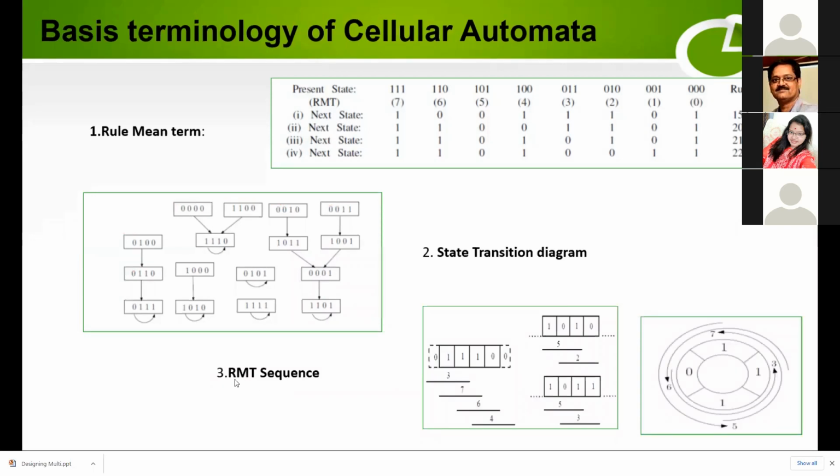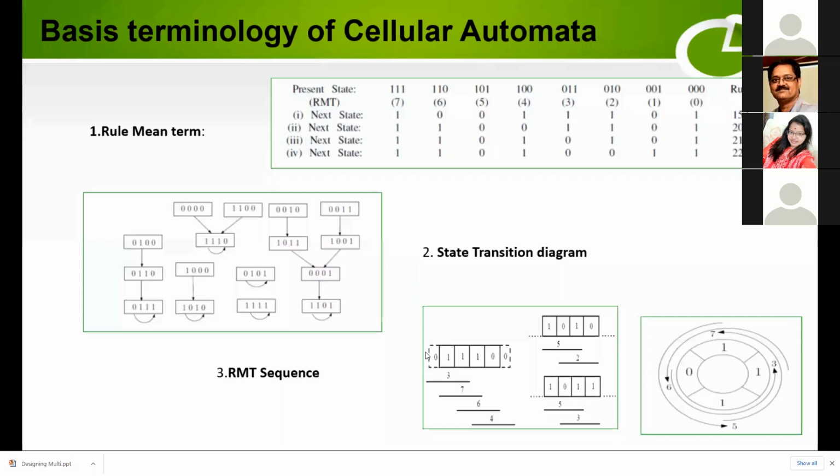For that we have to calculate the RMT sequence. Now what is this RMT sequence? Due to the boundary condition, for the same rule we can achieve a different sequence. For example, this is our state 1 1 1 0.